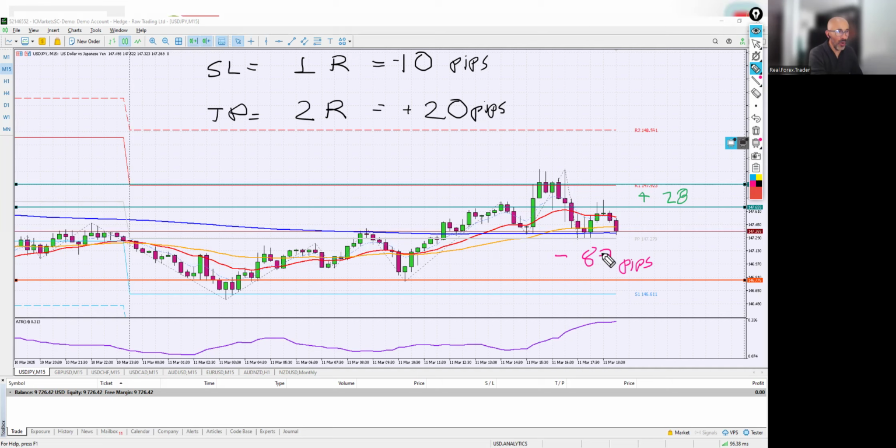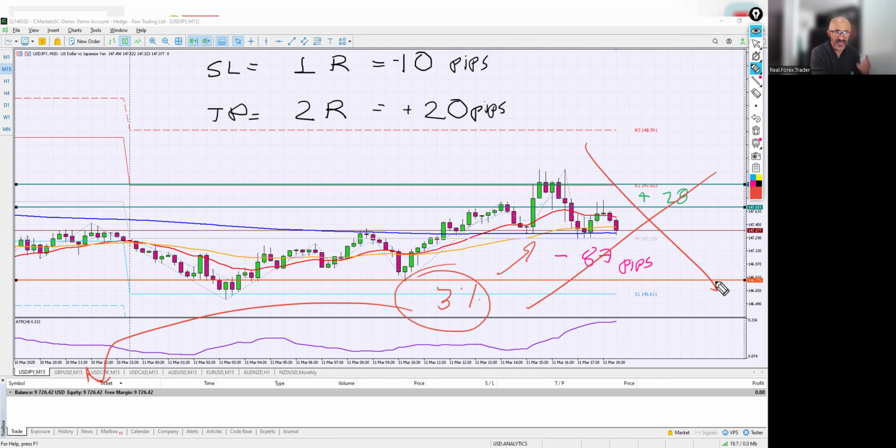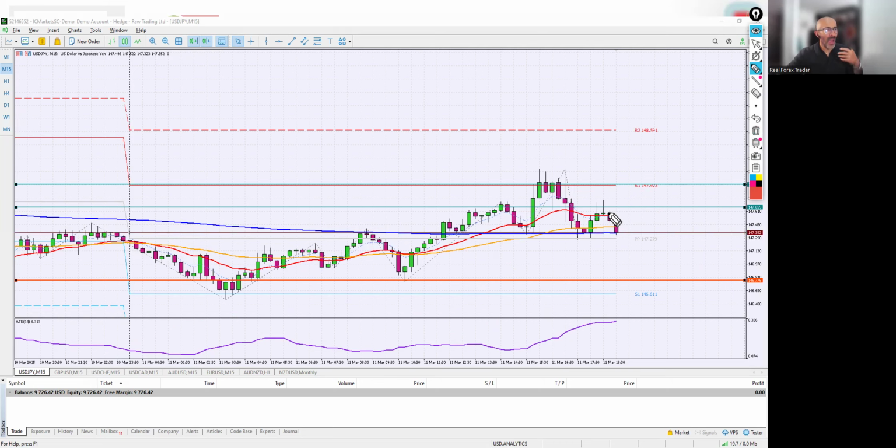Apart from that, I am risking here 3% of my capital. So I need to be very careful and very organized in the way that I set my trading strategy and my risk to reward range. That is exactly what we're going to do right now: how to place it and what are the real tools I'm going to use.